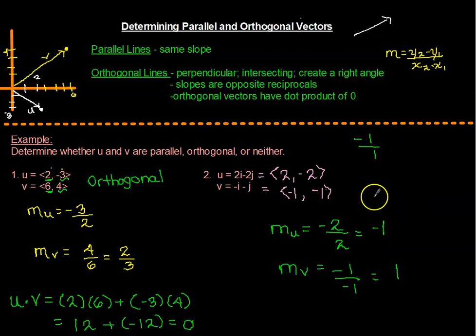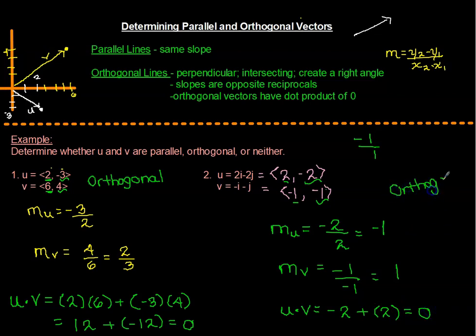So these two are opposite reciprocals again, and then if I decide to confirm it by taking the dot product of the two, I'm going to take the product of the x values, 2 times -1, which is -2, plus -2 times -1. -2 times -1 is +2, and -2 plus 2 is 0. So once again, they are orthogonal.